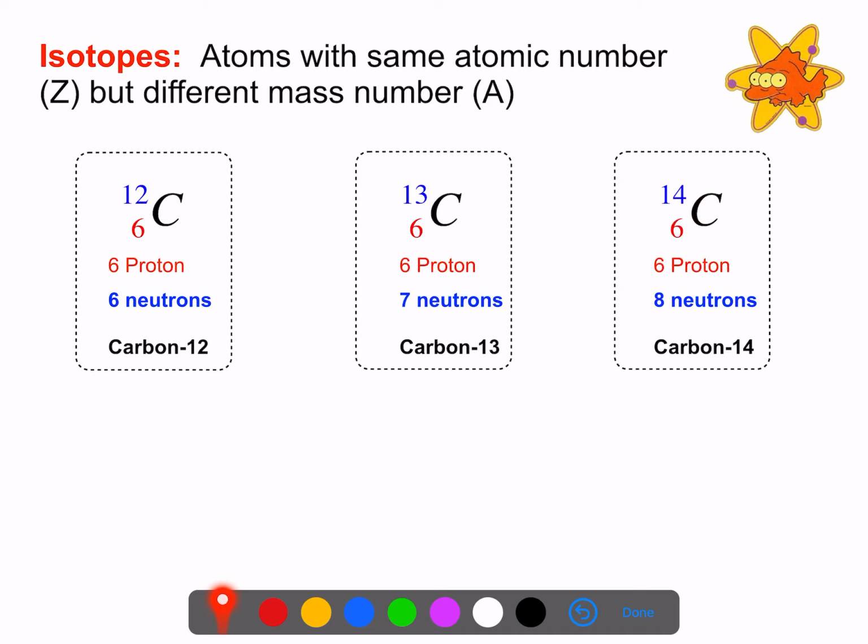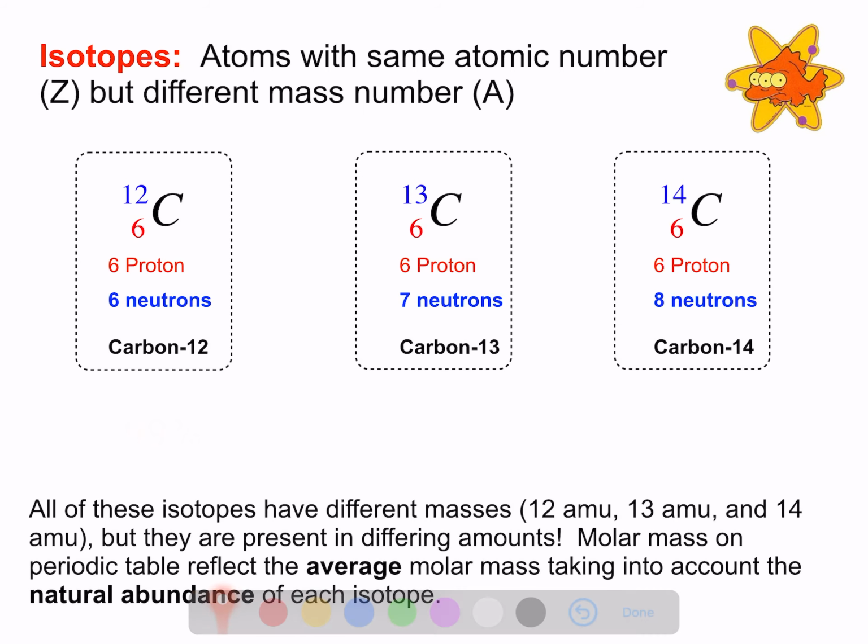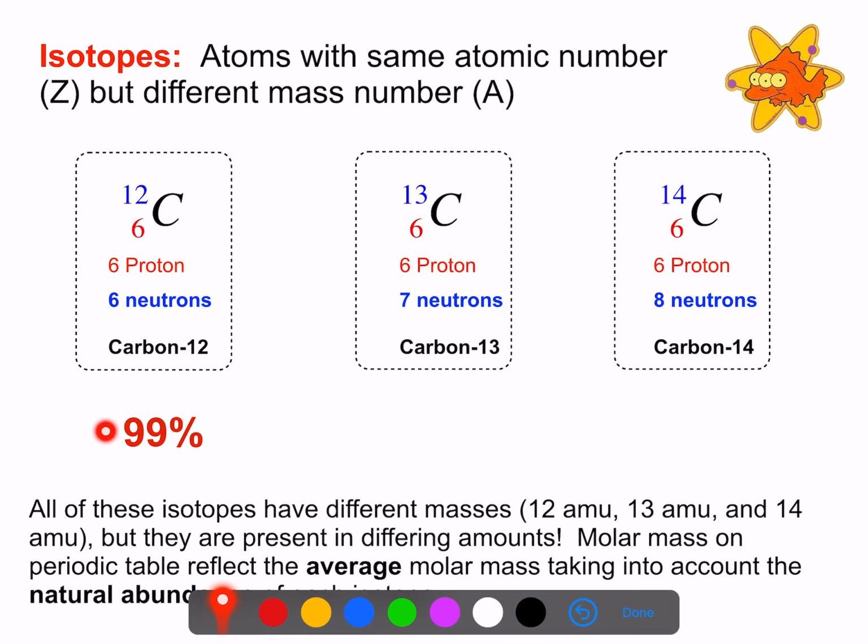And when we think about what is naturally abundant, what is around in nature, we see that in nature, 99% of all the carbon is in fact carbon-12. 1% is carbon-13. And then a very, very small amount is carbon-14.